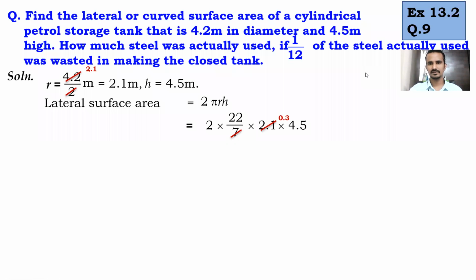Okay, who has got the answer? Bhavandana has got the answer. Okay, let's see. Now, 2 into 22 is 44. 0.3 into 4.5 will be 1.35. It depends upon how we multiply. You can just change the order of multiplication, no problem. So I have multiplied here 2 into 22, that is 44 into 1.35. Do this all of you. 44 into 1.35. Get this.